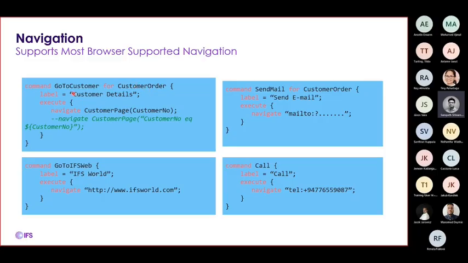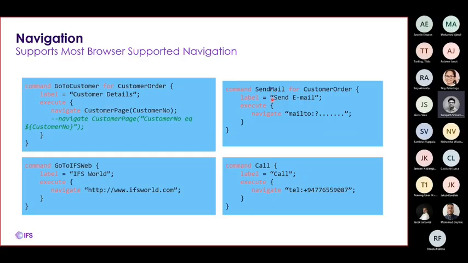That's what will be displayed in the button as the button text. And then this execute section tells us what should be done when you click that button, and it does navigate. This navigate means you are going to another page, and that page is specified with some arguments, right? So you can go to another page. This is the code for that.